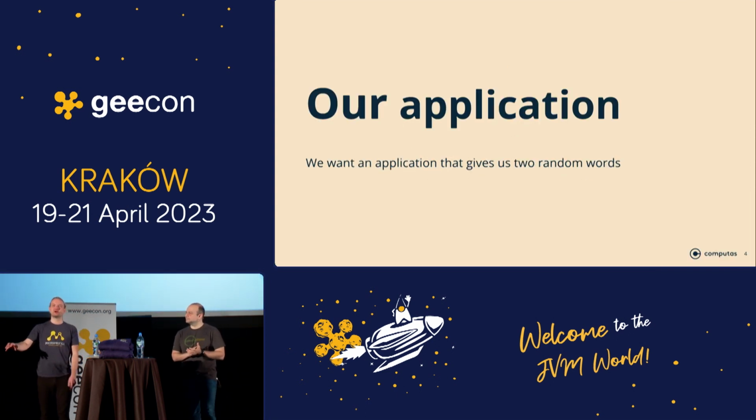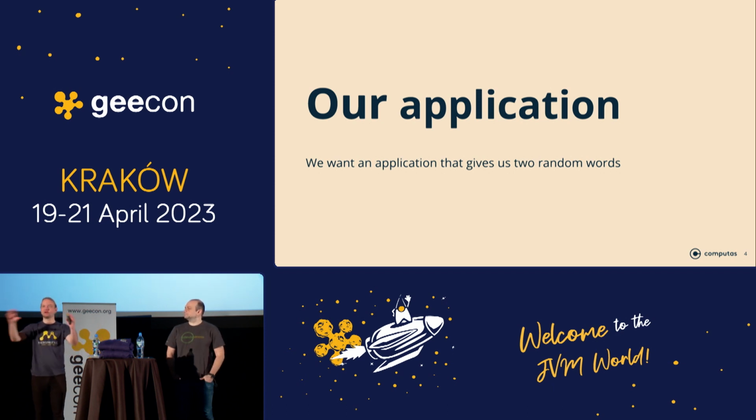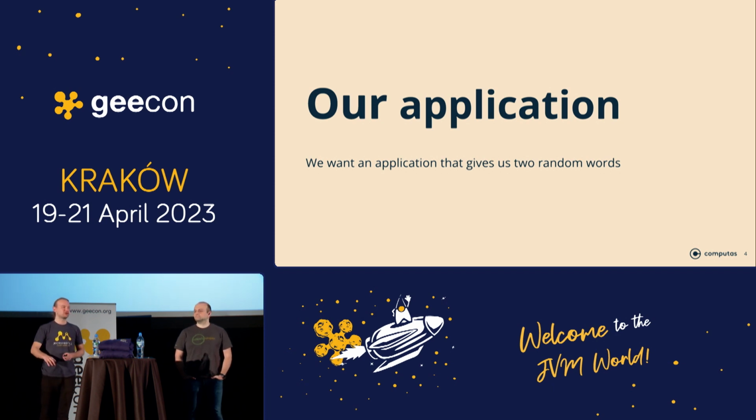And we're now going to head into what we're going to talk about today. We're going to start with a really simple application, something that we want to make available for you as end users everywhere, somewhere in the cloud. We were thinking, what's the simplest application we could use that would actually make some sense? So we want an application that can give us 2 random words.